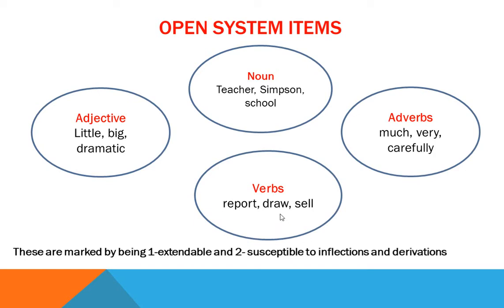Verbs too, we can say report, reporting, sell, sold, selling. Adverbs too, we can say, for example, careful, which is an adjective, and we can have carefully, and derive the adverb from the adjective careful. So these items are open because they are extendable and they are susceptible to inflections and derivations.